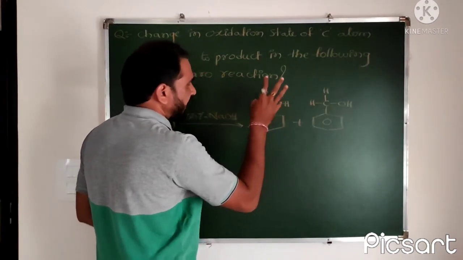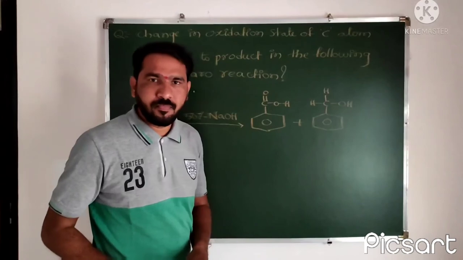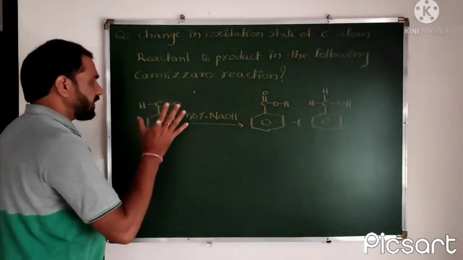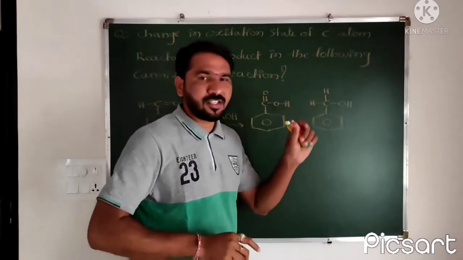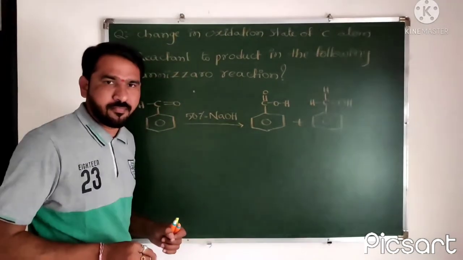It results in benzoic acid and benzyl alcohol. These are the two products. Then the left side oxidation state of carbon and the right side oxidation state of carbon we need to identify first. That is the only question here, right?